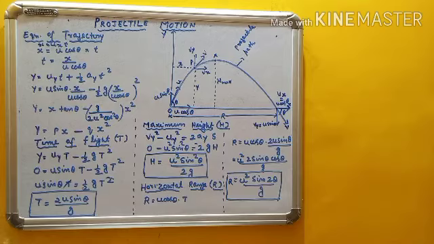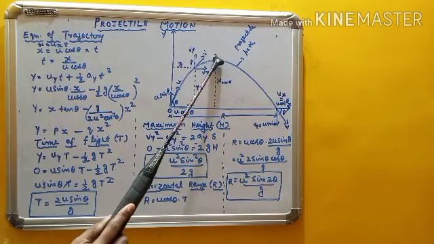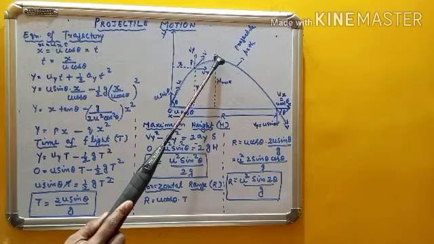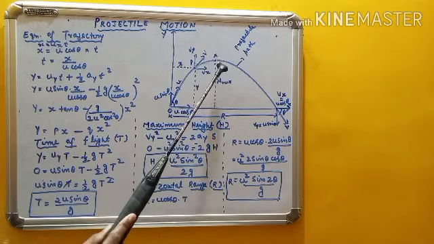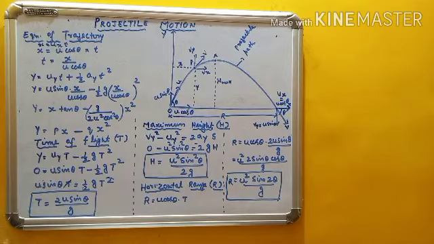Now coming to the maximum height reached by the projectile. This is the maximum height. Consider the highest point, where Vy is the vertical component of final velocity and uy the initial vertical component of velocity. Then use the formula v square is equal to u square plus 2as.